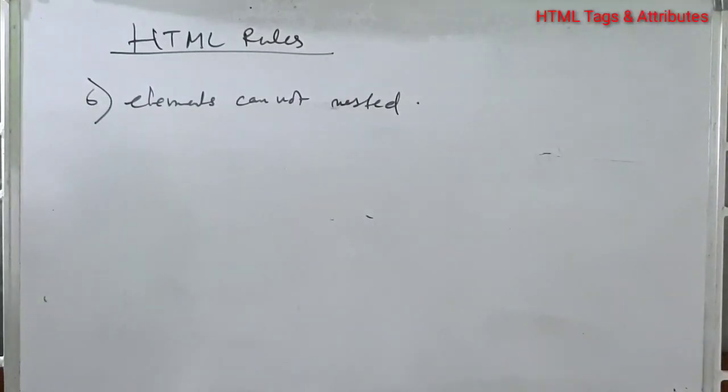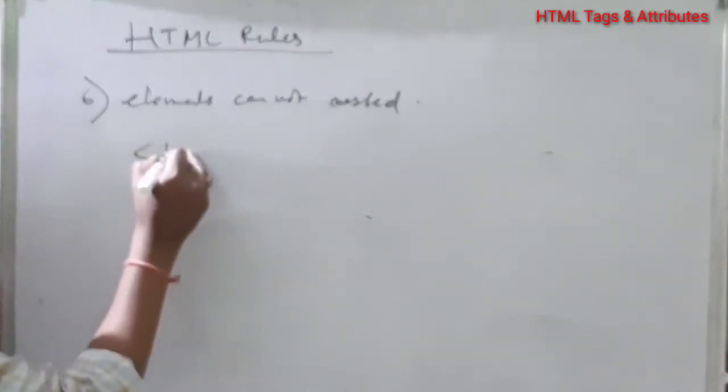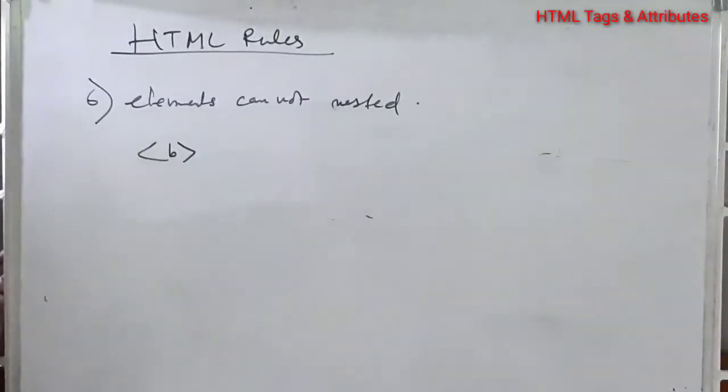You can create nested tags, which means you can insert more than one tag in one line. For example, you can make bold text.